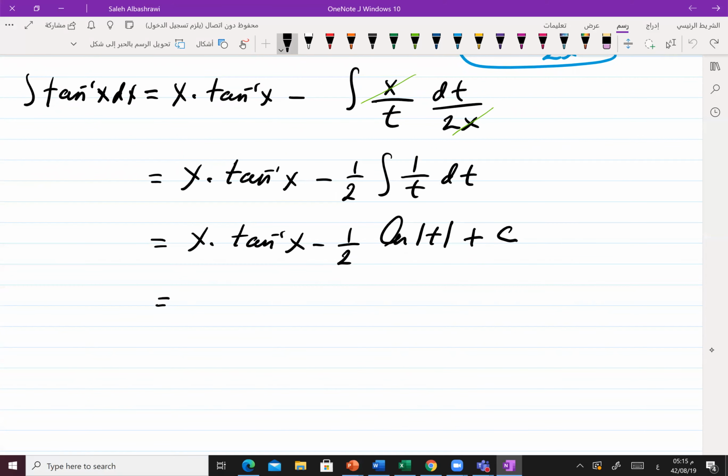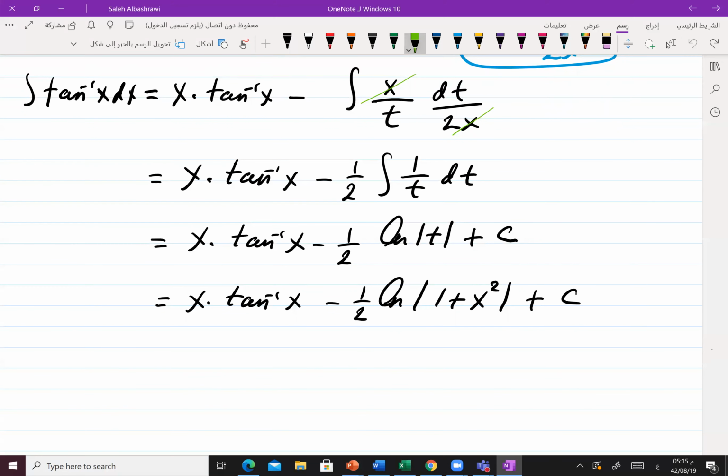Or it can be written as x multiplied by tan inverse x minus 1/2 ln of 1 plus x squared plus the constant c. That's it. So this is the integration of tan inverse.